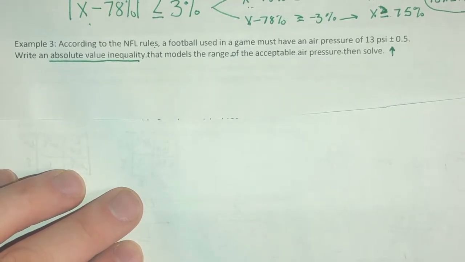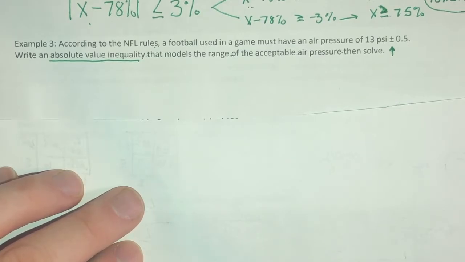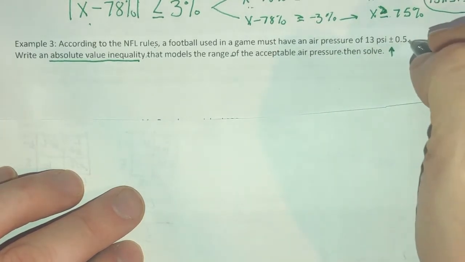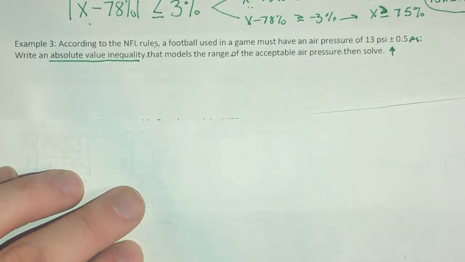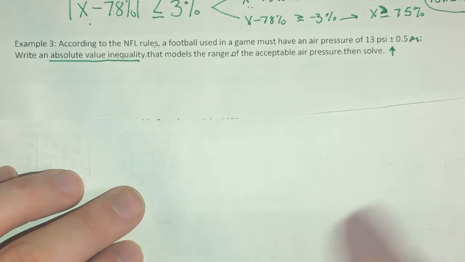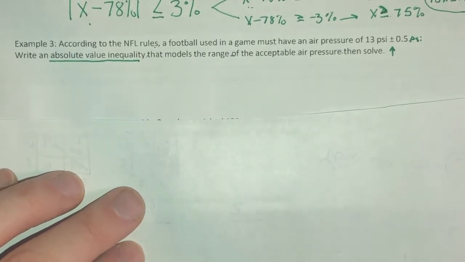So here's what I want you to do. I want you to take a second and pause the video. The first thing I want you to ask yourself: if it's got to be 13 plus or minus 0.5 psi, what could the air pressure be? What's the highest, what's the lowest? Think about it in your head in context. Then I want you to make an absolute value inequality and then solve it.